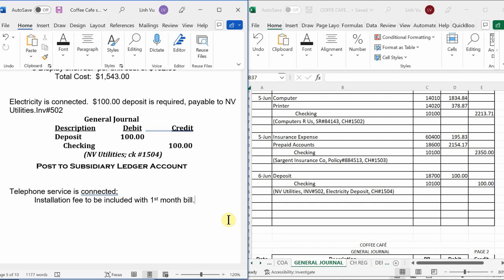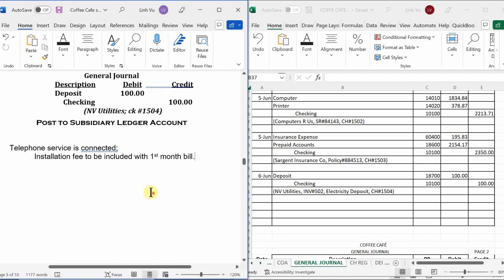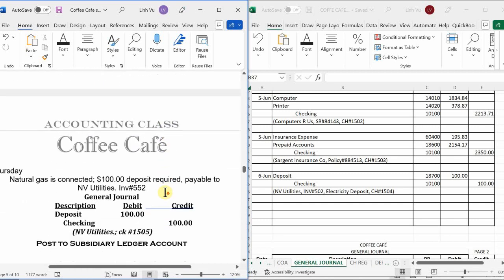Oftentimes they make it convenient for you so you don't have to pay for the service right then and there, but they're going to include it in the first month's bill, after you've used their services for quite some time. Okay? So in this case, we just have to wait for our bill for us to include the installation fee. Okay.